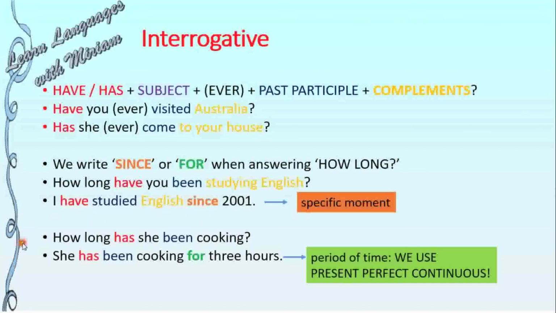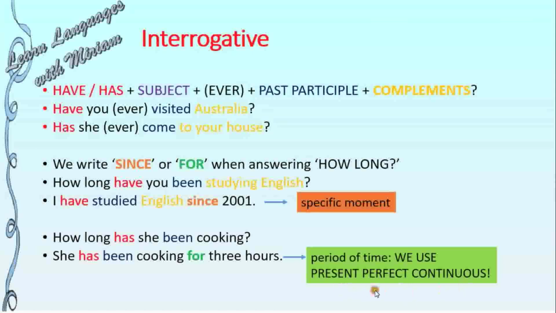Or, how long has she been cooking? She has been cooking for 3 hours. For in Spanish means durante. We use for when we have a period of time. And here, be careful because we use present perfect continuous.